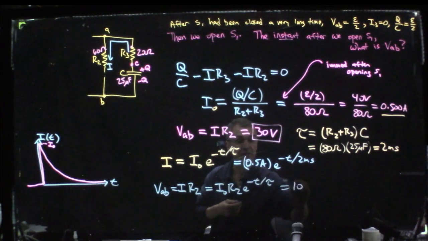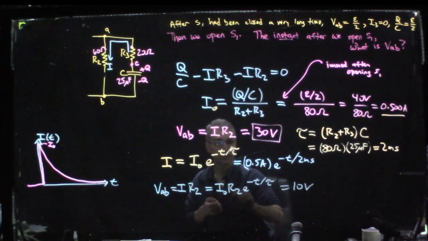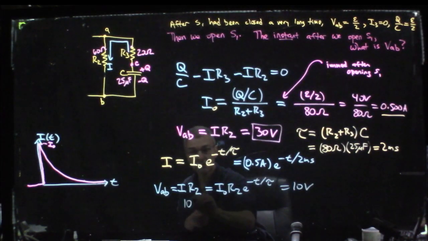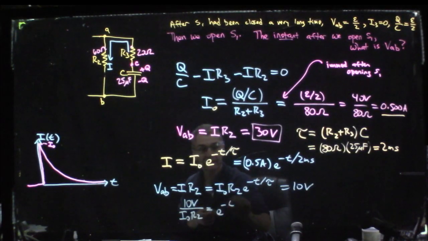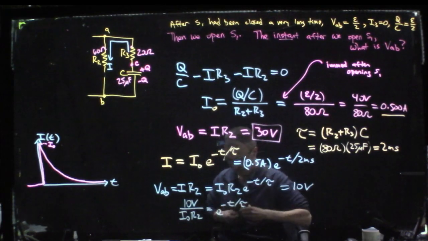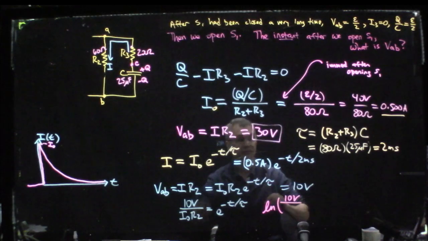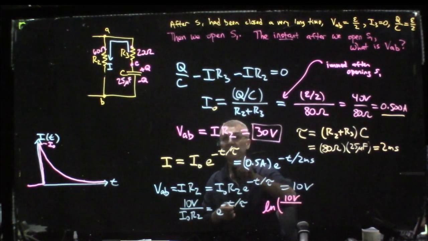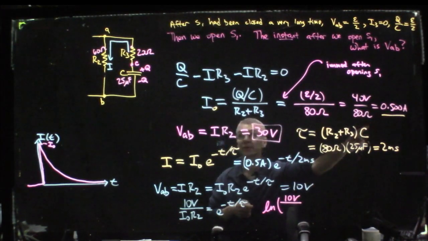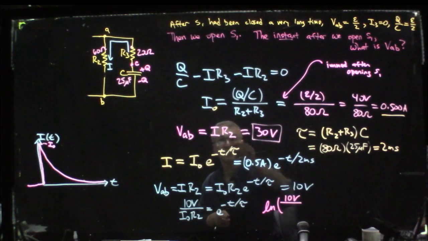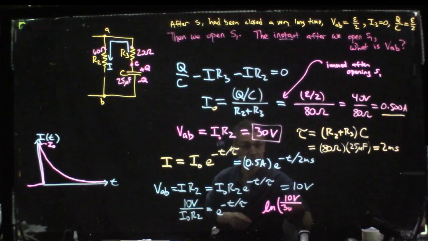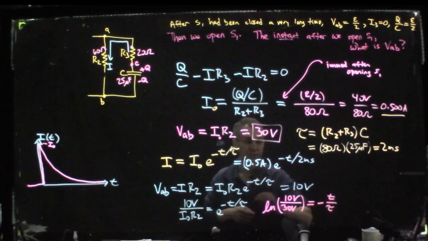And we want this to equal 10 volts. So then that says 10 volts divided by I0 R2 is e to the minus t over time constant. And then that implies that the logarithm of 10 volts over I0 R2, that's a half amp times 60 ohms, so I guess this is that same number, 30 volts. 10 volts over 30 volts equals minus t over time constant.